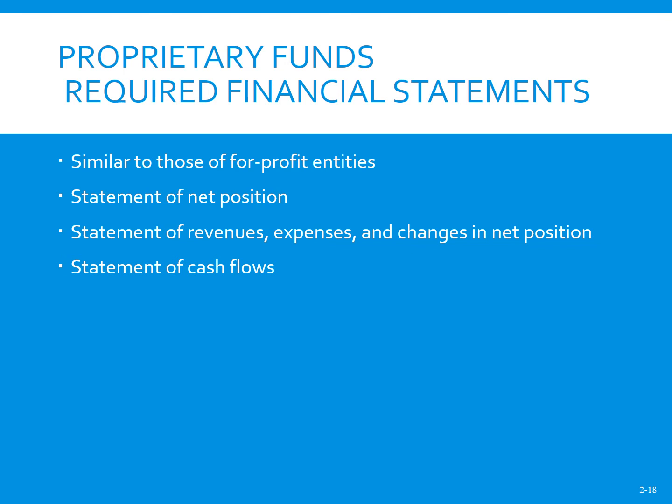From a financial statement standpoint, you'll recognize all these financial statements that are required, though they may go by different names. You've got a statement of net position, which is like a balance sheet, a statement of revenues, expenses, and changes in net position, basically an income statement, and then you've also got a statement of cash flows.